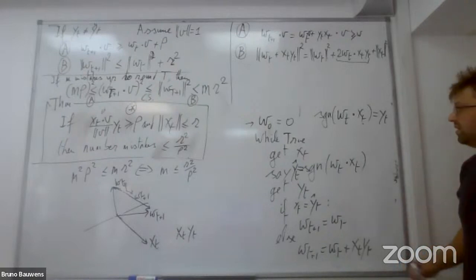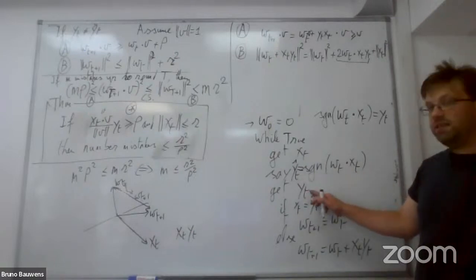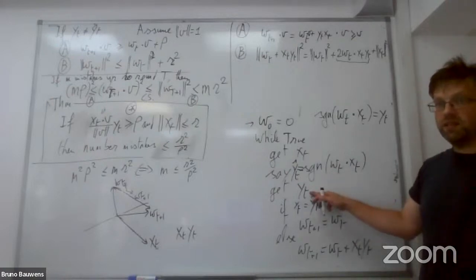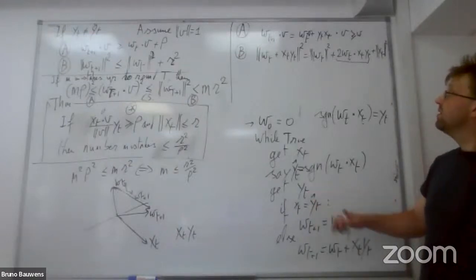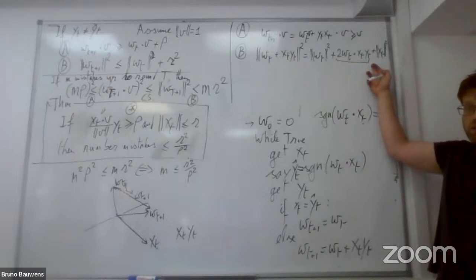Why? We know that this product is different from Y T, which means if we multiply the sign with Y T, we get something negative. And so the sign of this thing is negative.